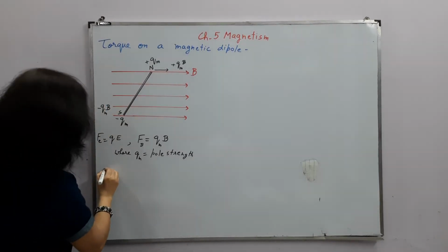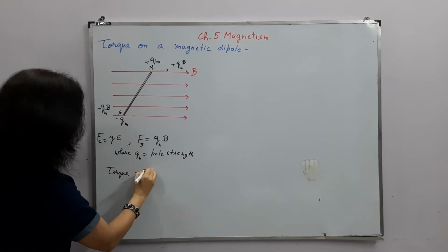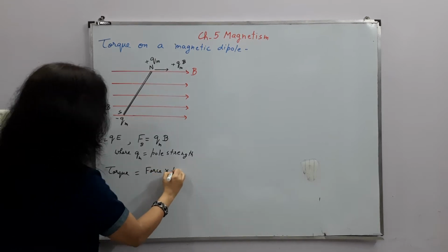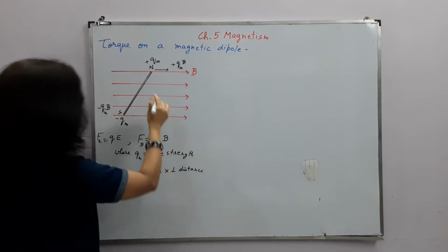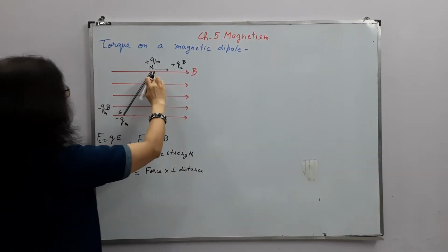Now we know the formula for torque. Torque is equal to force into perpendicular distance. Now from here I can complete this triangle.